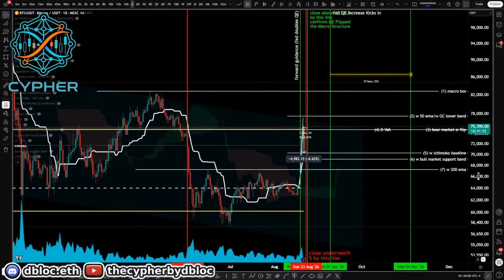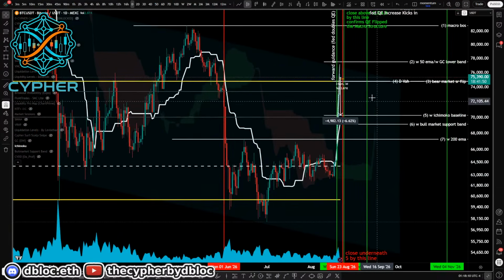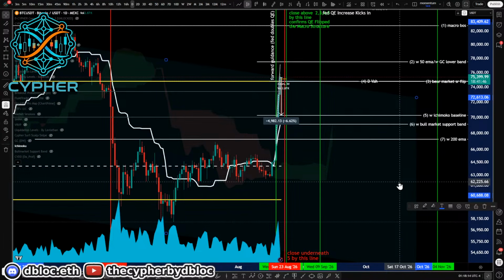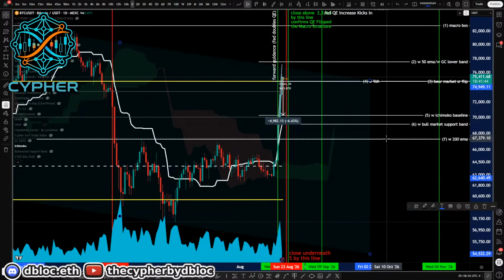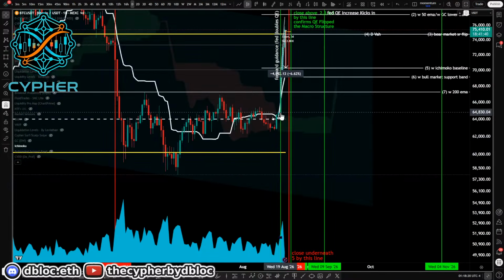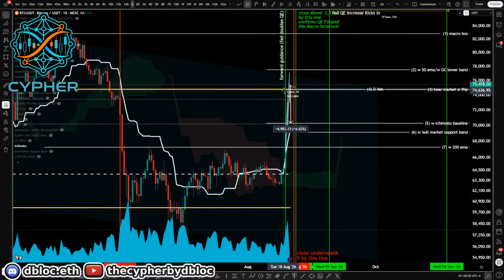So this daily value area high, if we lose this, logic tells us that we're meant to come down to point of control again. And point of control is at 64. So losing 70 starts by losing 74.6.